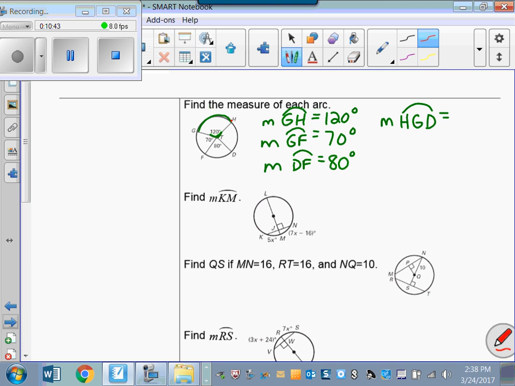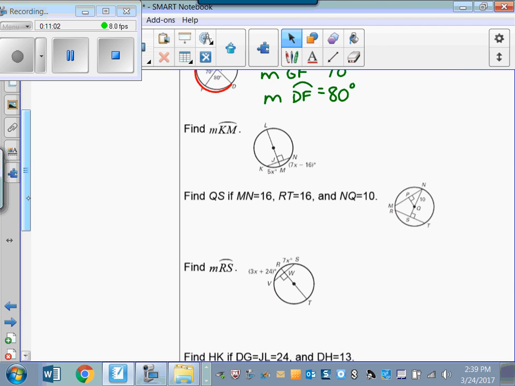I'm going to draw it in red. There's arc HGD. So I've got to add up 120, 70, 80. That's 120 plus 150, so 270 degrees. And you could get some more arcs if you want to play around with it. Go right ahead.